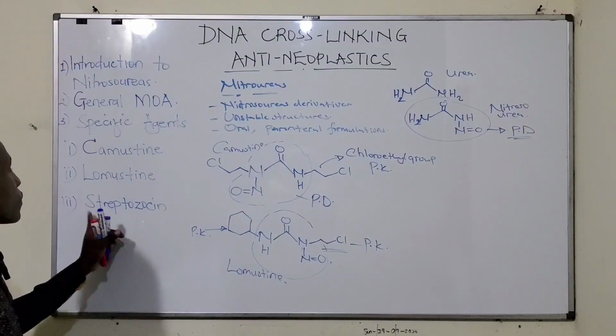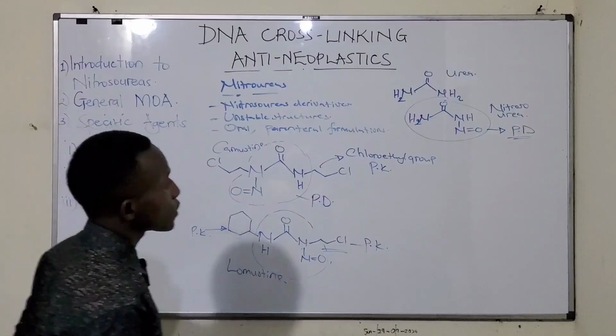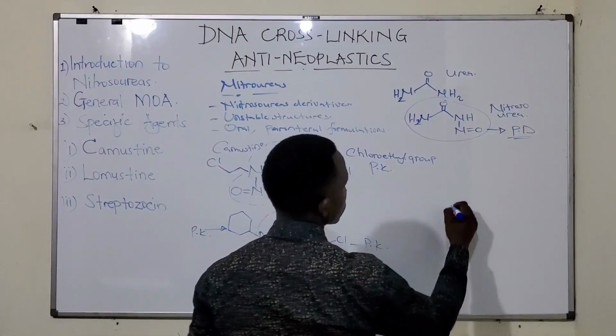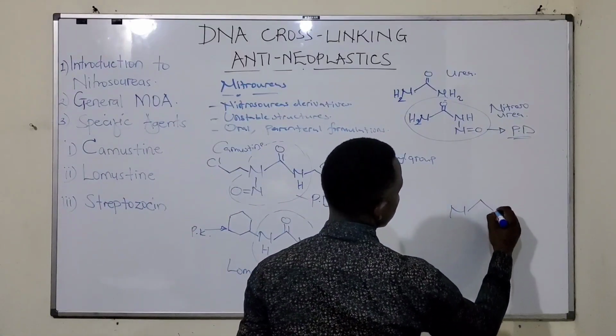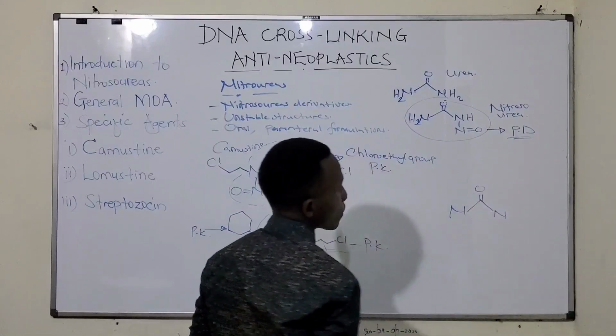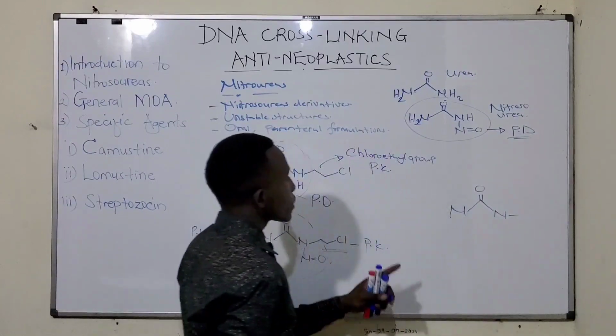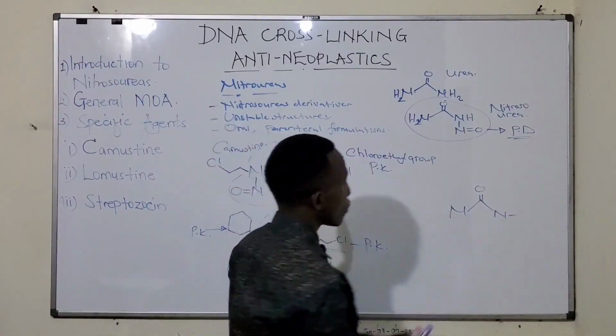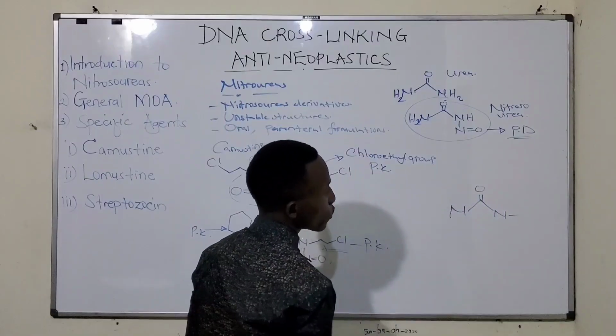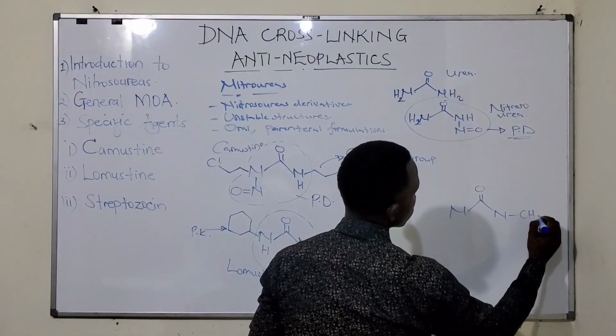When you go to streptozocin, this is the structure. So we are seeing that what changes are the substituents or attachments to the nitrosourea group. This is the CH3 group.